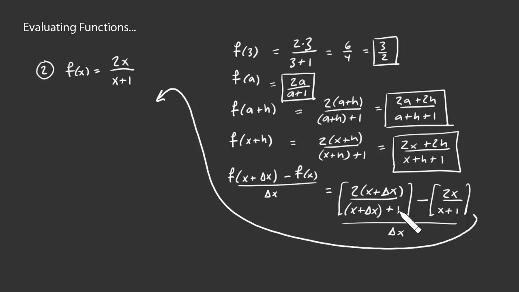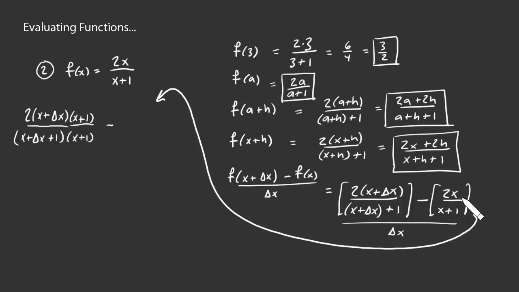So let's rewrite this. 2 times x plus delta x over that x plus delta x plus 1 factor. We're missing an x plus 1 factor, so let's put it in top and bottom. So we're really just multiplying by a well-chosen value of 1 and not changing the overall expression.